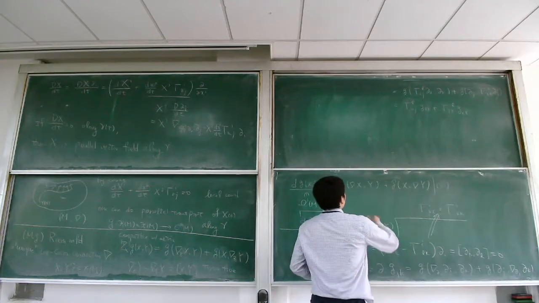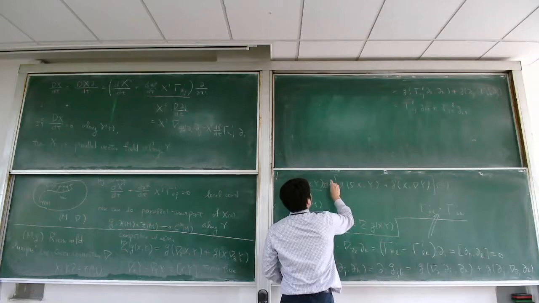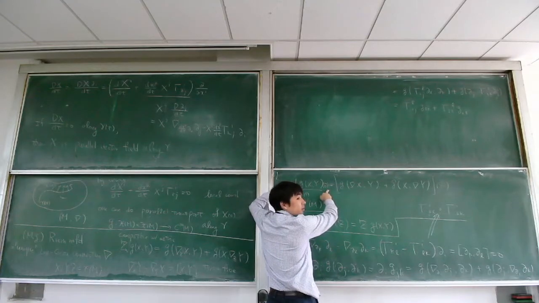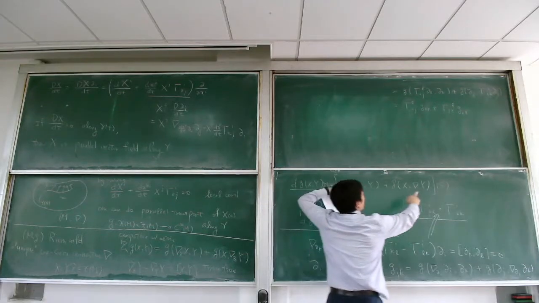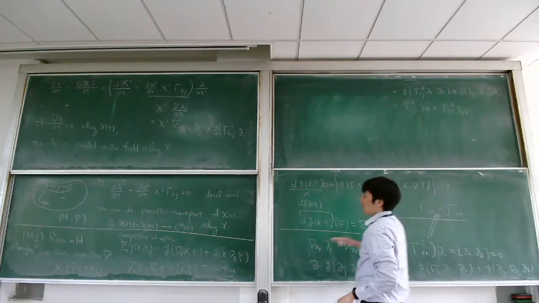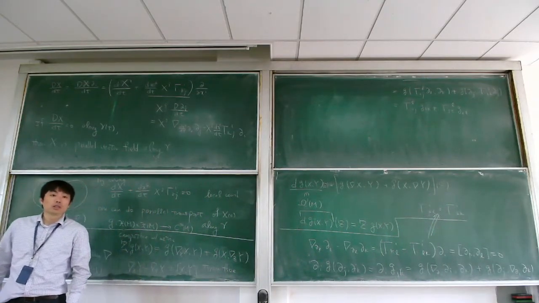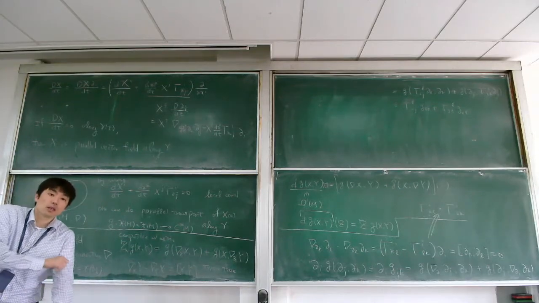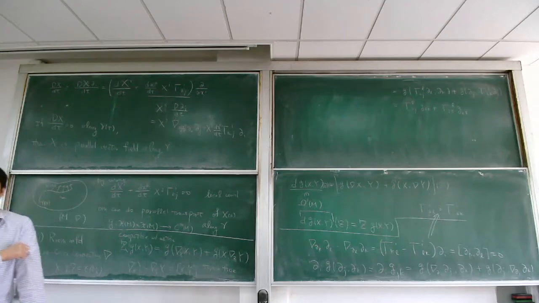So here I treat this as Z. Once a one-form acts on Z, you have a smooth function. This is the rule. Do you understand? That should be gamma_{IKL} g_{JL}.